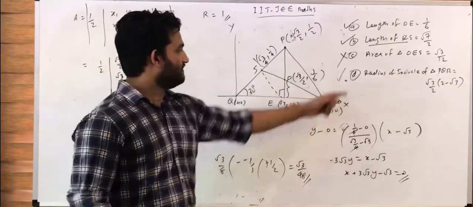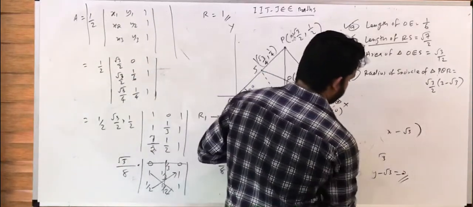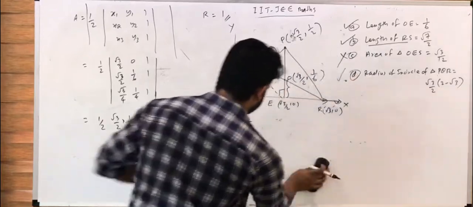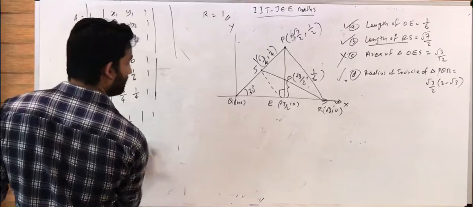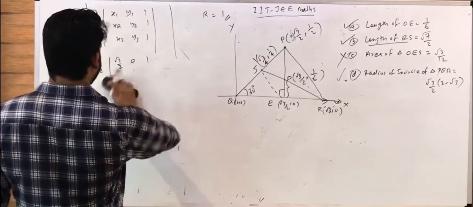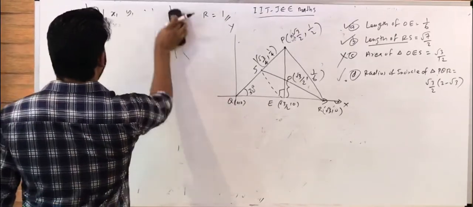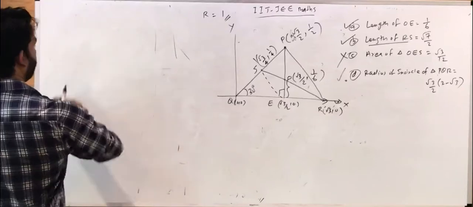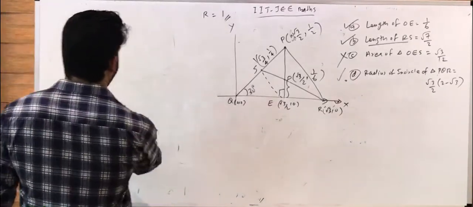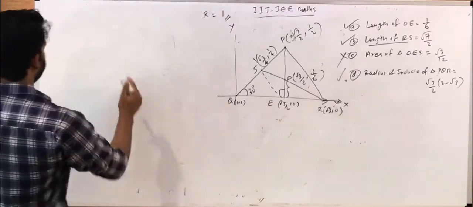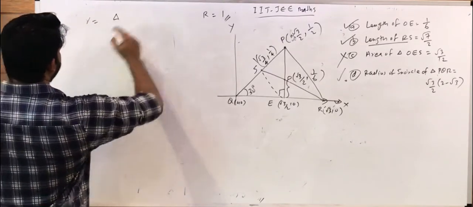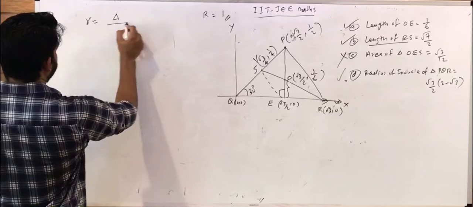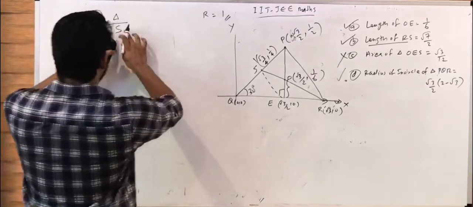Now the last option we need to check: radius of incircle. We have one formula, radius of incircle is equal to area of triangle divided by semi-perimeter.